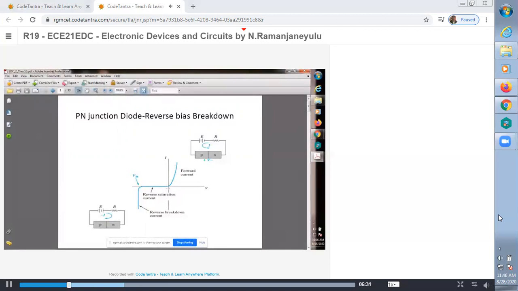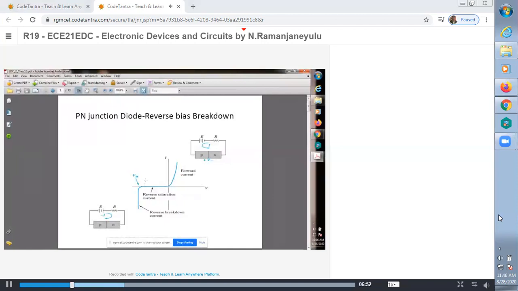And coming to the reverse bias, the breakdown mechanism occurs only when the diode is operated in reverse bias. Observe here, up to a certain voltage in reverse bias, the current is almost constant. A very small current flows through the junction, and that current is due to minority carriers only.